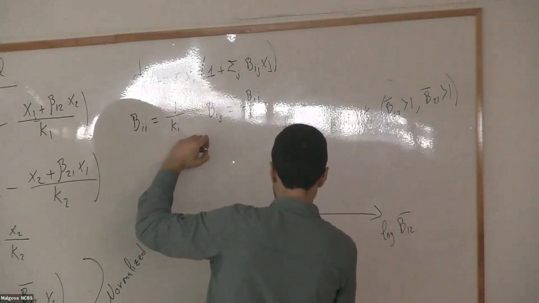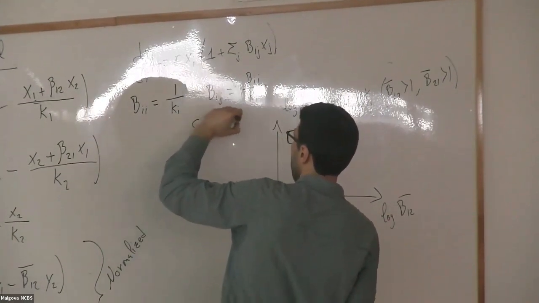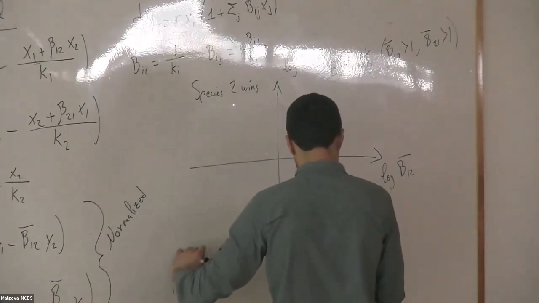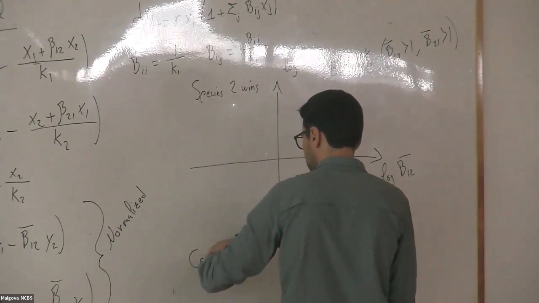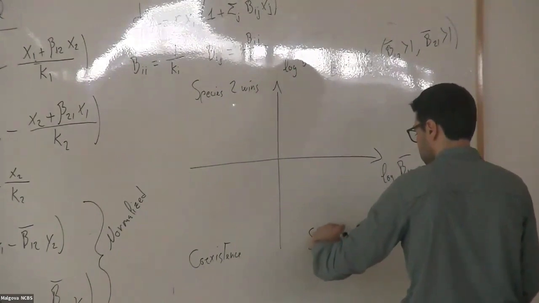And then here we will have species 2 wins. We find coexistence here. And species 1 wins.